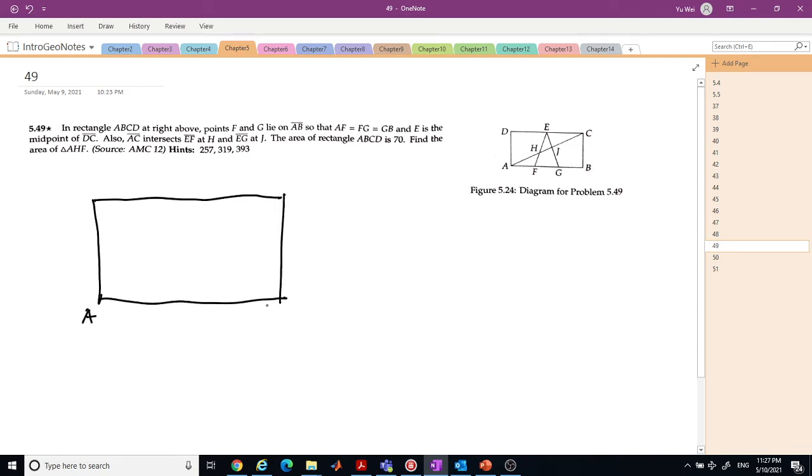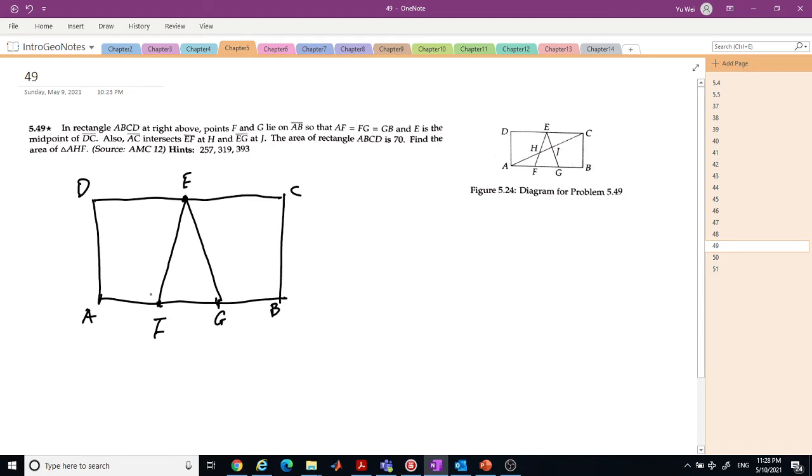It's ABCD, and we have AF, so F and G are the trisector points, and E is the midpoint, so E is the bisecting point. Okay, by symmetry, right?